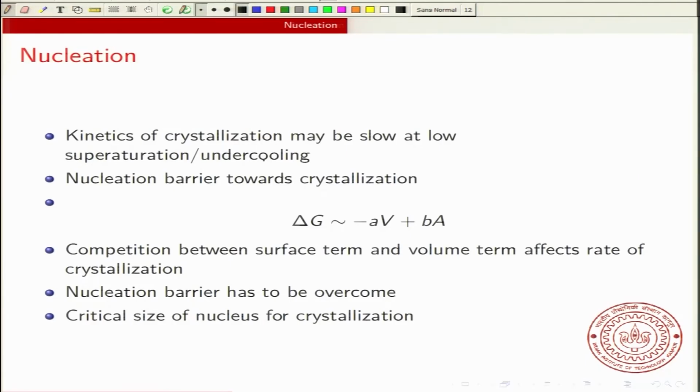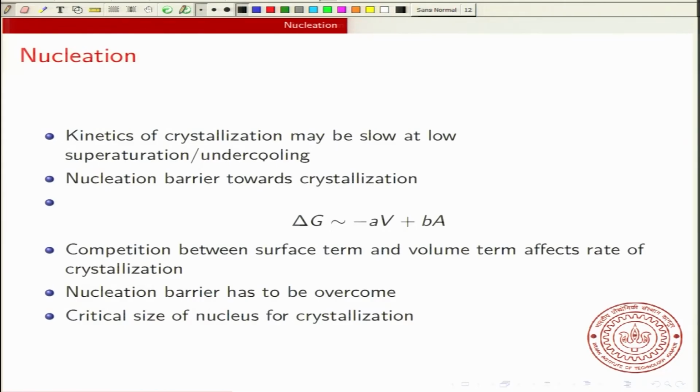Then the kinetics of crystallization is often very slow, and this is something that you have seen when you do your chemistry labs. Whenever you prepare some compound, maybe organic or inorganic, and you have it in a solution, and you let the solution cool down and wait for it to crystallize, sometimes this crystallization is very slow.